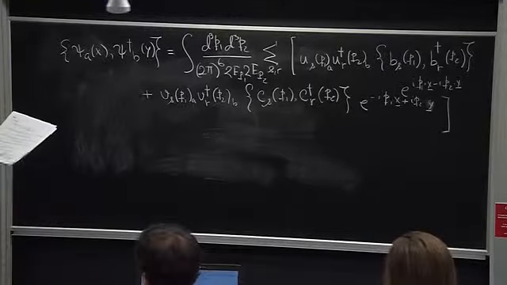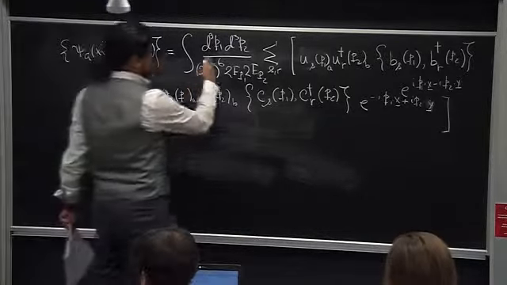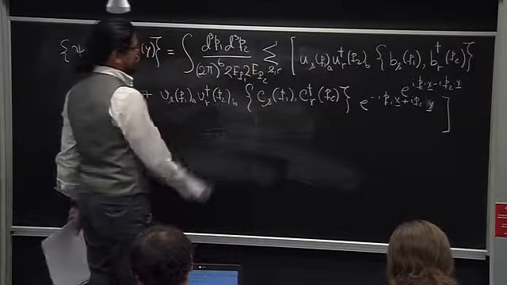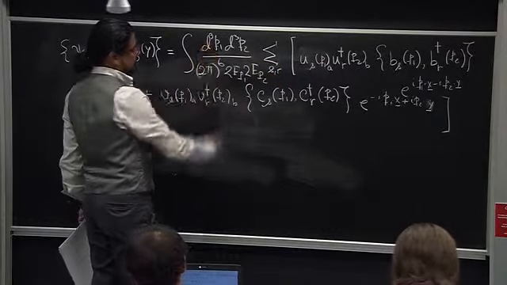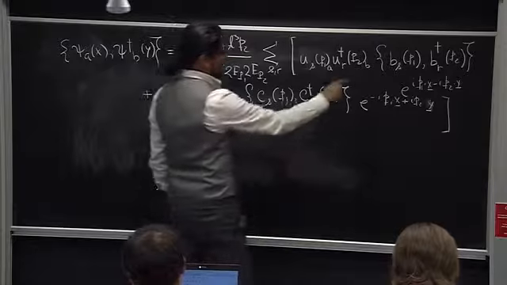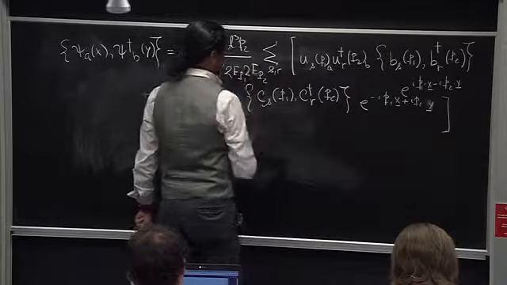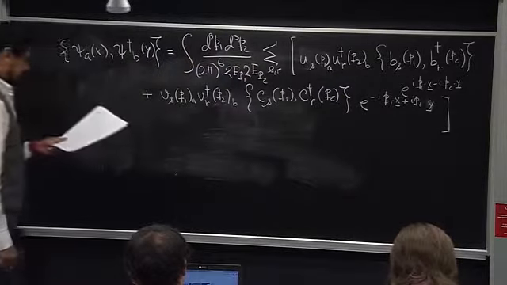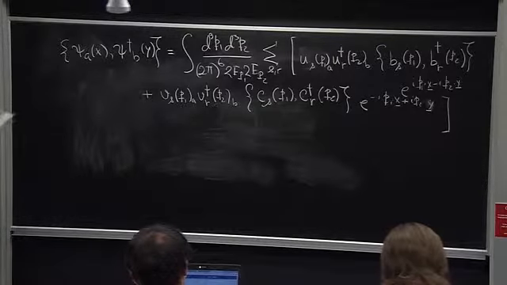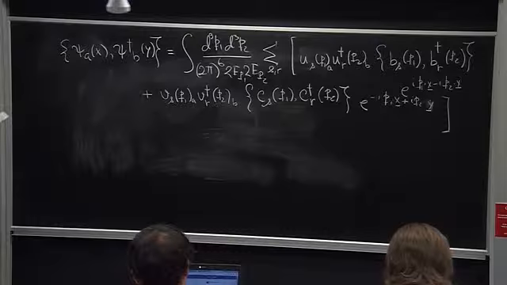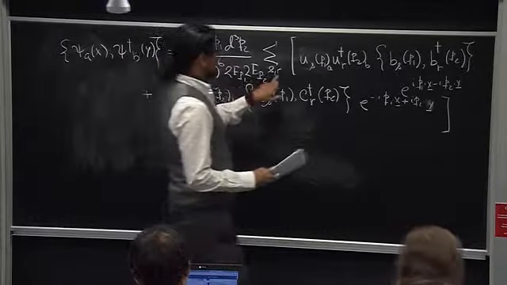So we can replace those things and use the delta function to do one of these p integrals. And we can also use the Kronecker delta to do one of these s sums.